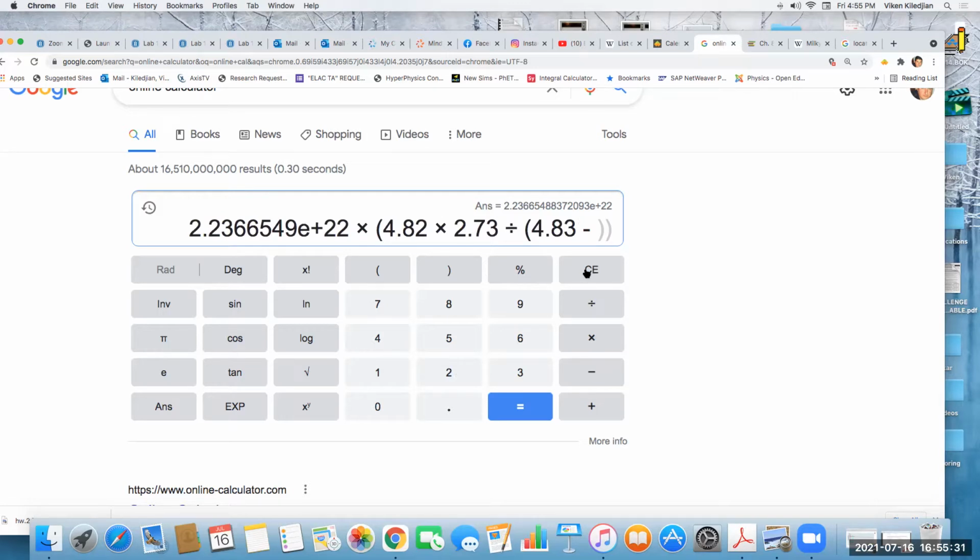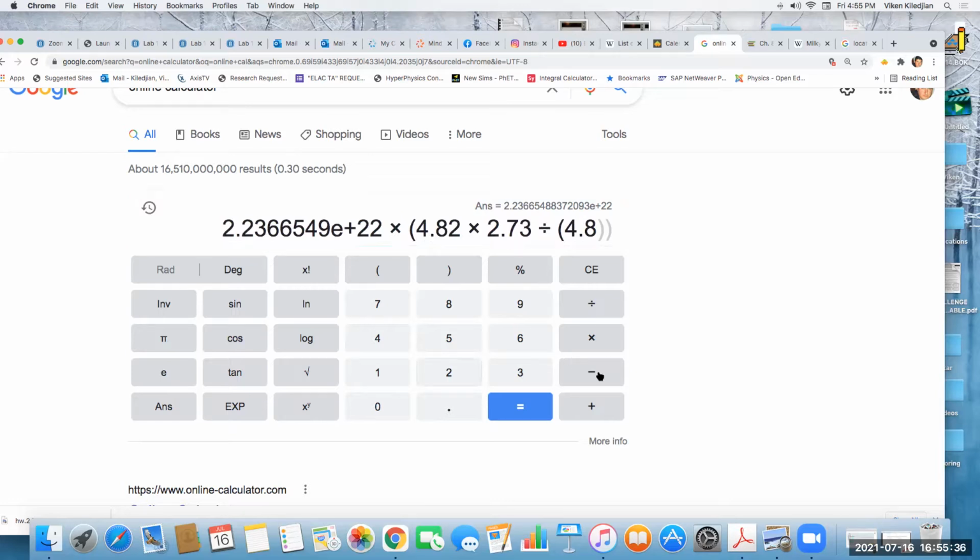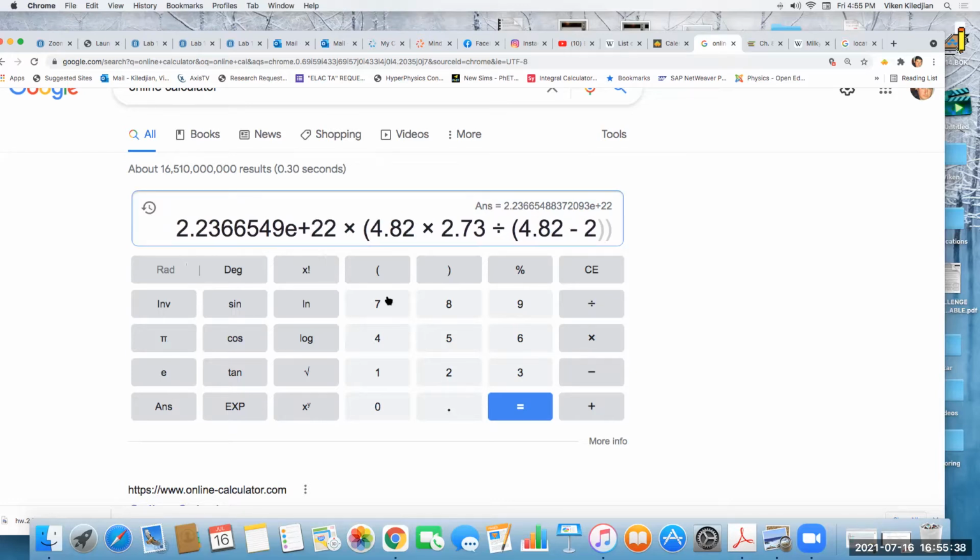Well, you know what? I wrote it wrong, I think. 4.82 minus 2.73. Close parentheses, close parentheses. You see how I'm doing that? So that I get all of the stuff correct.